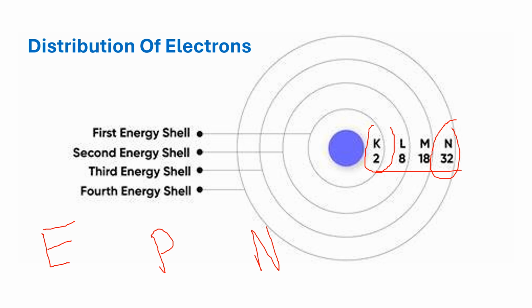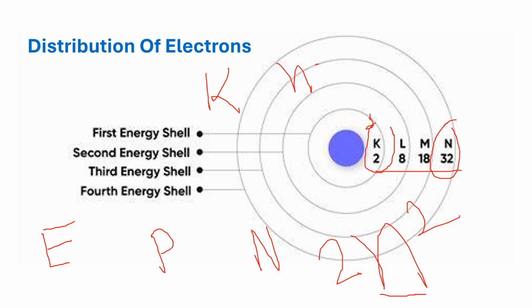The maximum number of electrons in a particular shell can be calculated by the formula 2n square, where n is the orbit number. For example, to calculate the number of electrons in the K shell, the first orbit, n is equal to 1.